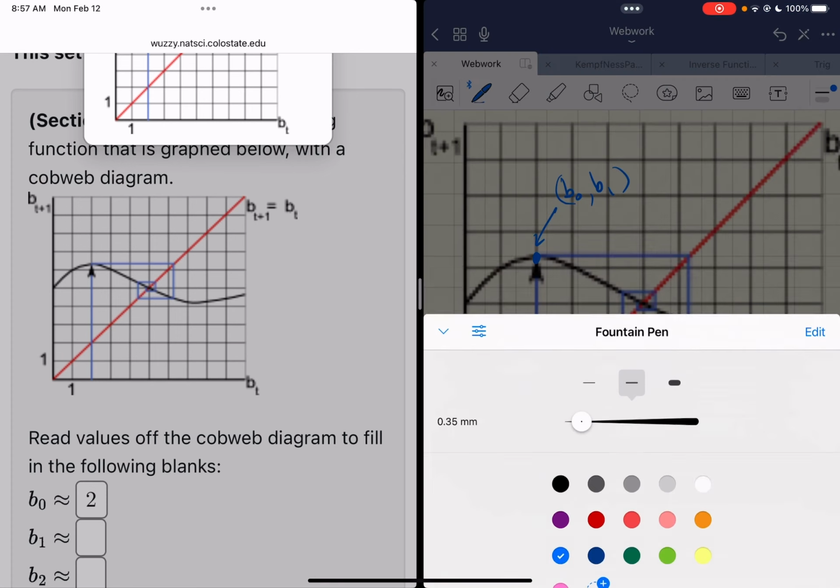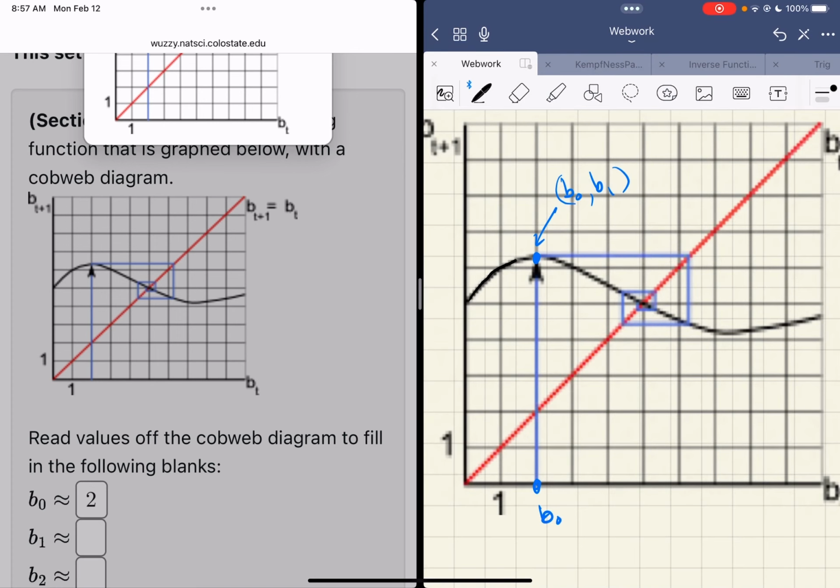Because my updating function, which is this black curve here, is some kind of function which will tell you b sub t plus 1, as a function of b sub t. So if I plug in b0 and apply that function, I'll get b sub 1.